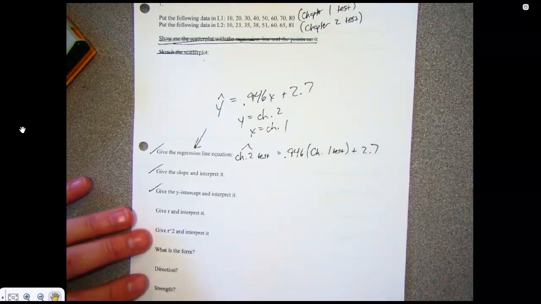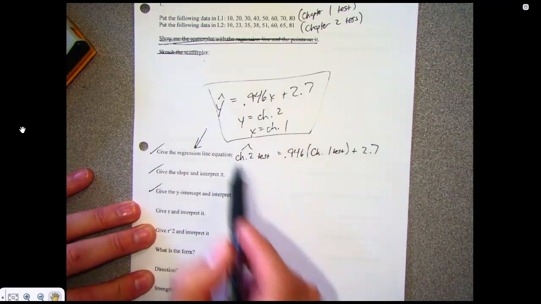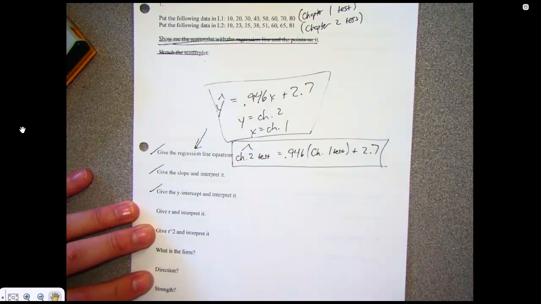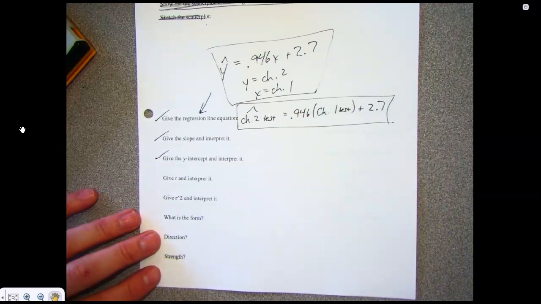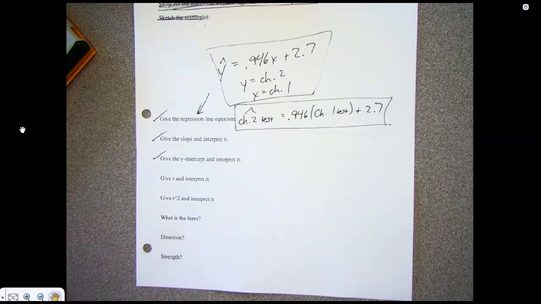So you're just providing context in a different way if you do it that way. Both of those are acceptable. And then I'll give you a minute to do the slope and the y-intercept.